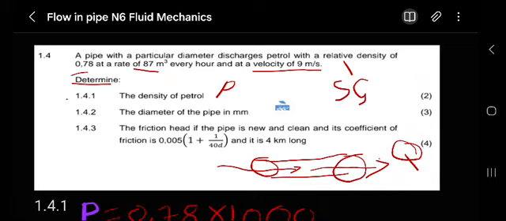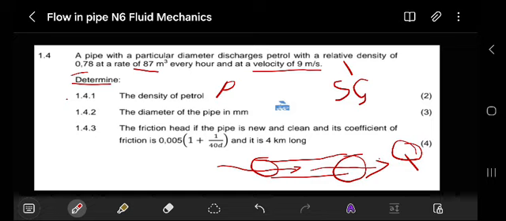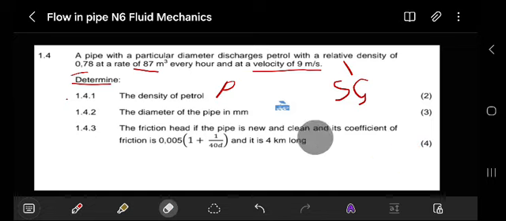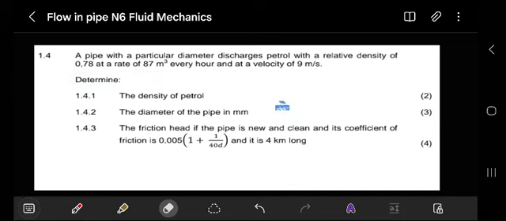To convert, we know this is in hours, 1 hour.